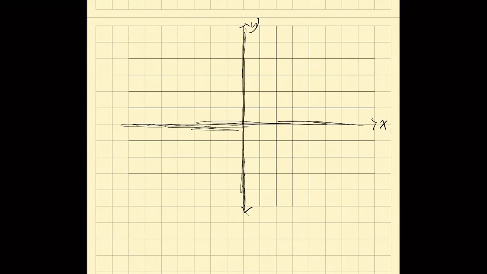If this represented your table, I could give you coordinates for this point right here, and you could define that point exactly. You know exactly where that is, and that's really powerful in math.